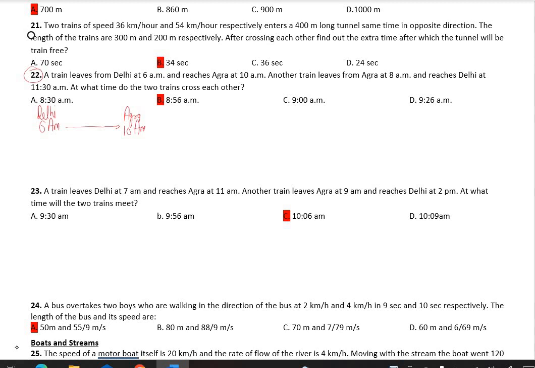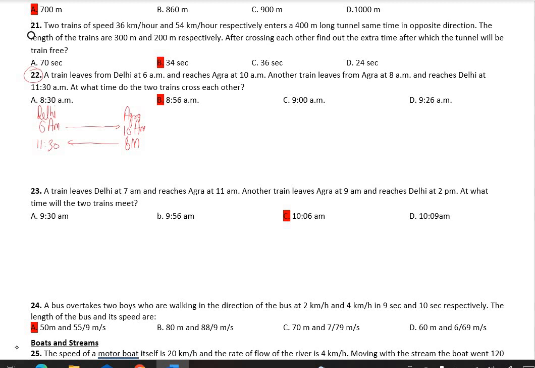Another train leaves from Agra at 8 a.m. and reaches Delhi at 11:30 a.m., right? So at what time do the two trains cross each other, or at what time will the two trains meet, right?